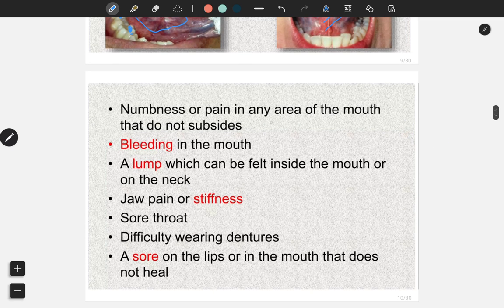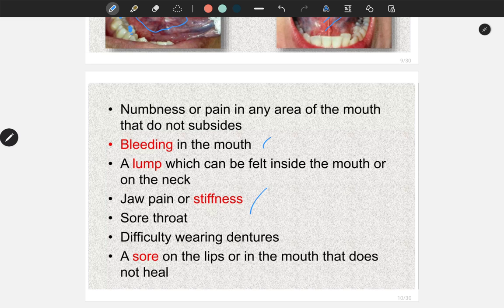Numbness or pain in an area of the mouth that does not subside. If there is numbness or loss of taste sensation for more than 3 weeks, you should seek proper attention. Bleeding in the mouth, a lump which can be felt inside the mouth or on the neck. Due to the different lymphatic drainage, a lump can be seen in the neck area. So we have to give proper attention to this.